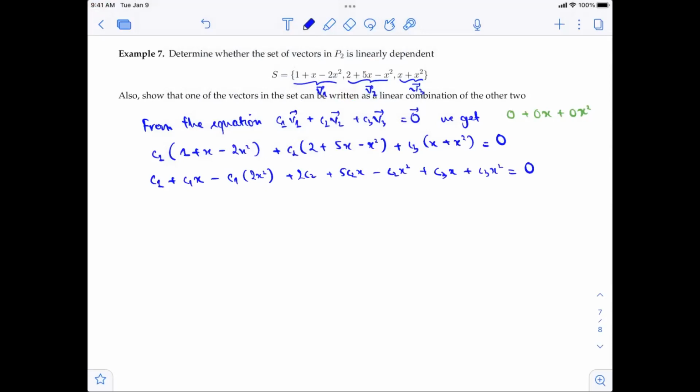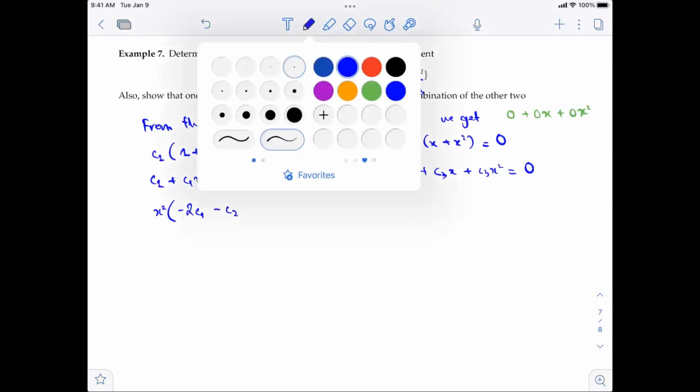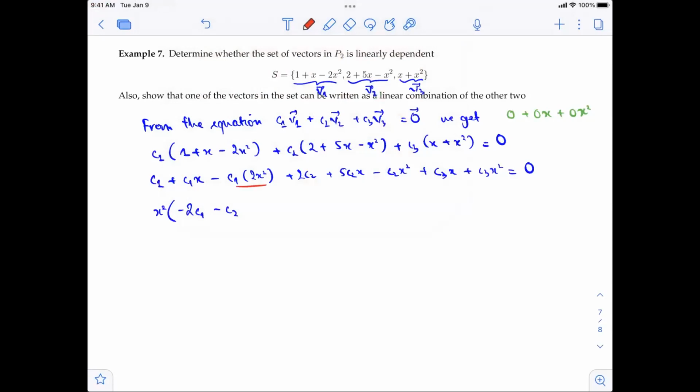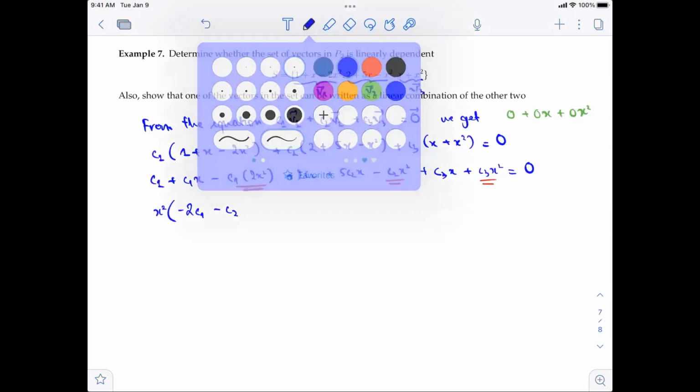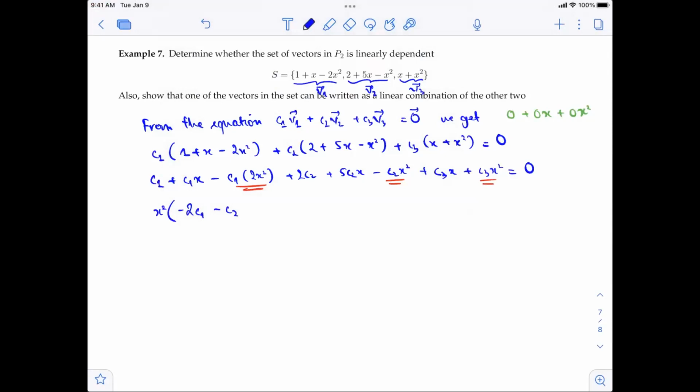Now combine like terms. We factor x squared, and we are left with negative 2C1 minus C2 plus C3. Now we factor x.